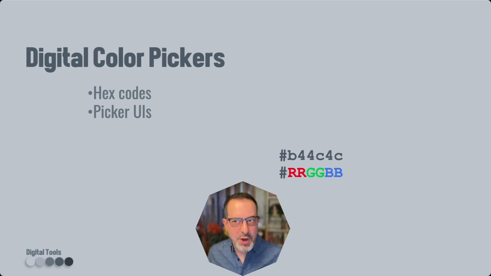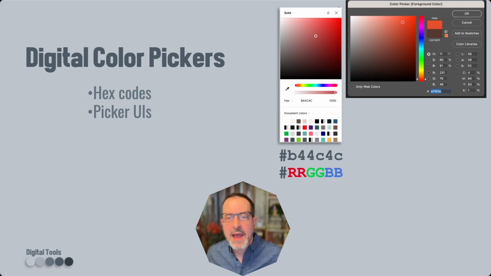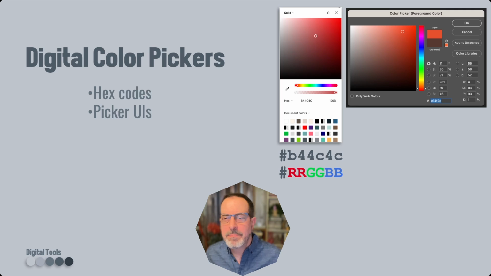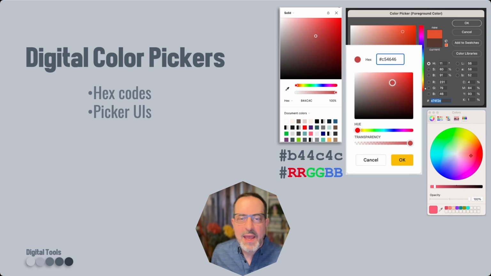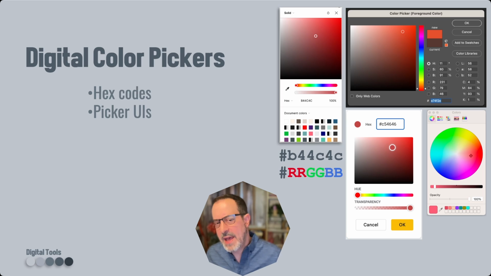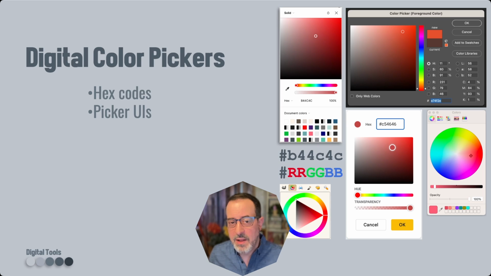Color pickers are the tools within the user interface for various software that allow us to pick the exact color we want. So for example, Figma has one, and this is Photoshop, and that is Apple Keynote, and Google Slides also has a color picker. And then the open source GIMP as well has a color picker. So you see some of them have a square or a rectangle of colors.